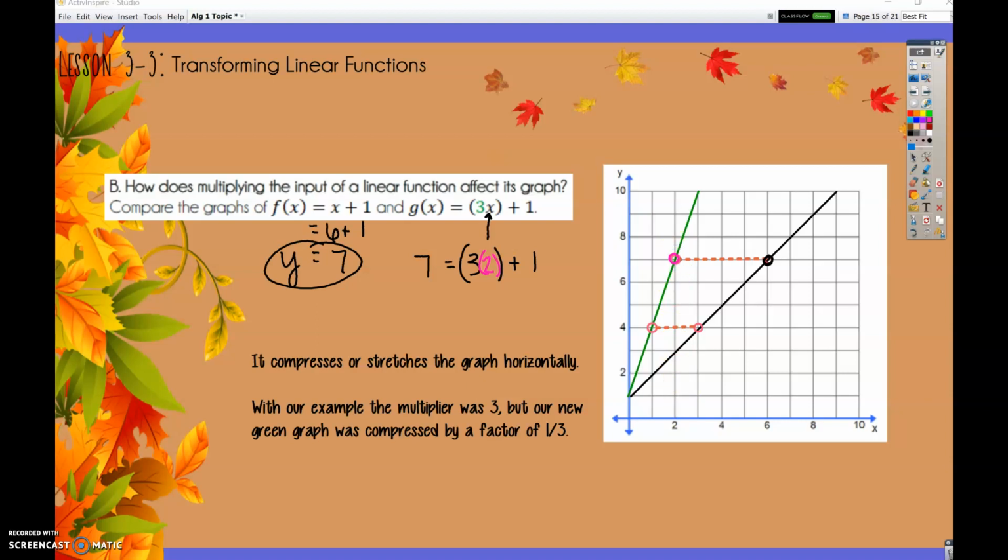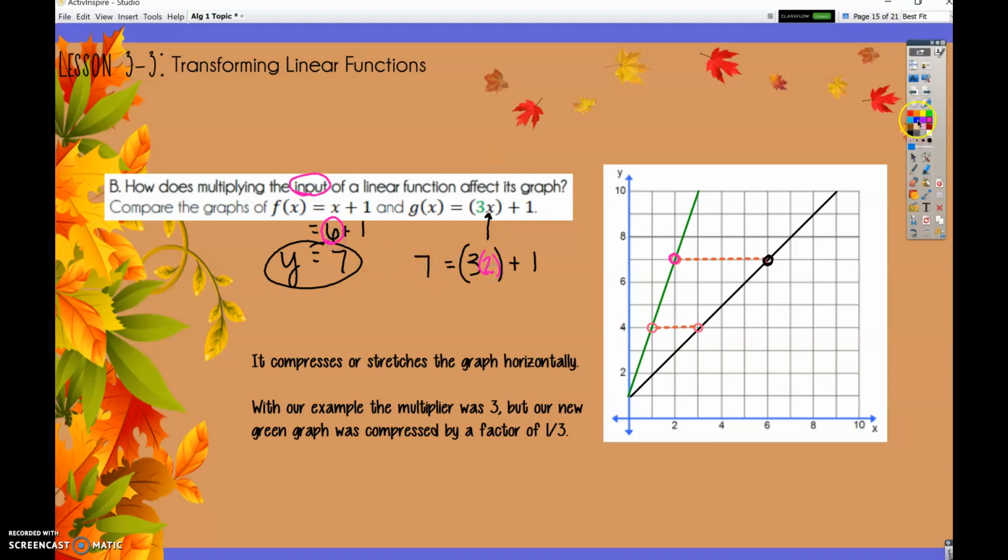So this one's a little tricky because in general, it's way easier to think of the previous example where the graph looks as though it's vertically stretching up taller. But right now we're messing with our input. And so we're looking at what's happening to the input. It used to be 6 and now it's 2.